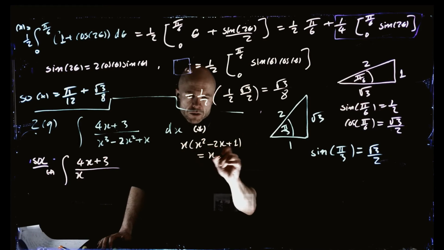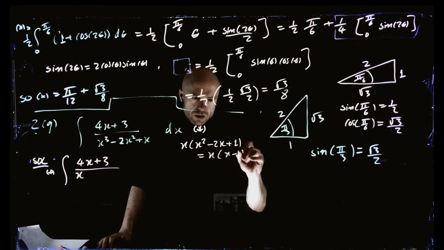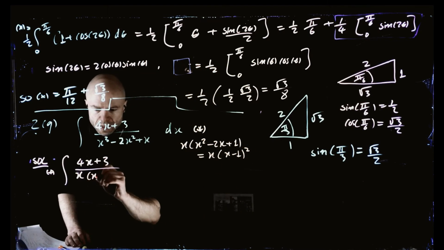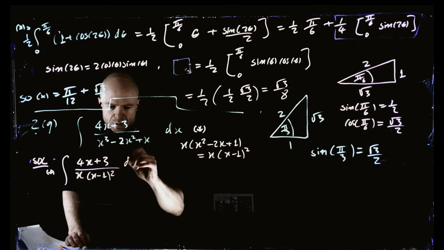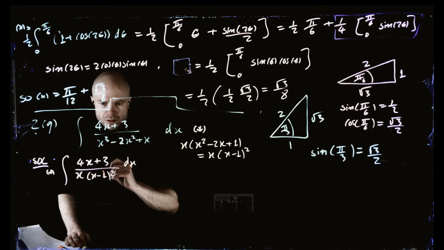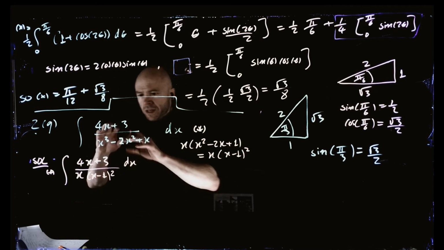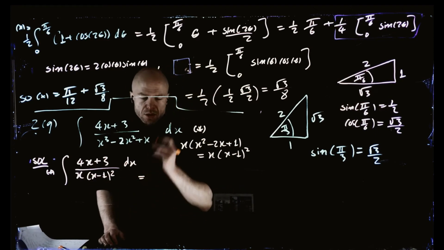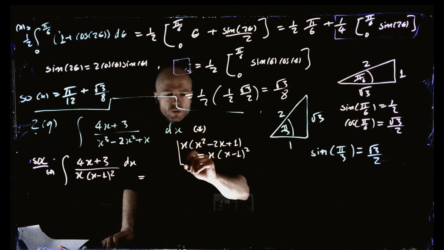And then this thing we can factor as x minus 1 squared, right? So then this is x minus 1 squared dx, yeah? Cool. So now we see it's in the form that we instantly recognize what to do with, right?